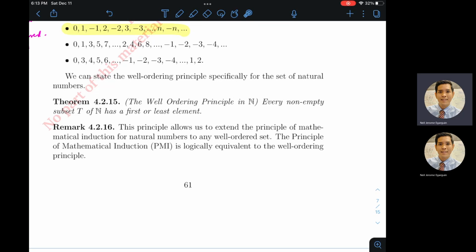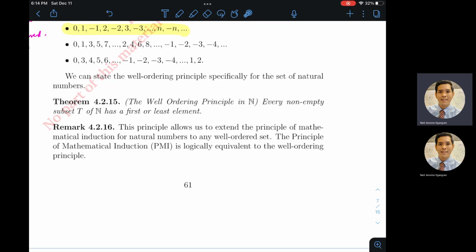Now, you can forget about n and take it in a more abstract fashion na kapag ka pala meron akong well-ordered set, pag meron akong theorem about a well-ordered set, sinabi ko na property P is true for every element of this well-ordered set, then I can use the extension of the principle of mathematical induction to show that that statement, although not about the set of natural numbers, will be true for the well-ordered set.